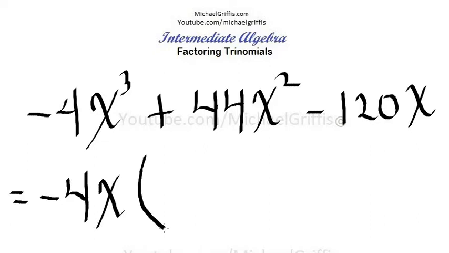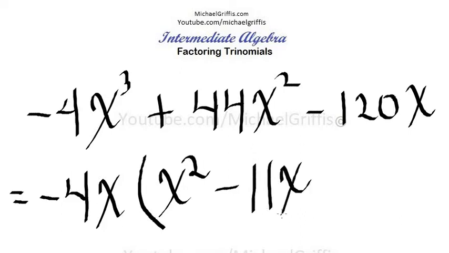So that's going to leave that negative 4x cubed with just x squared. Okay. Minus, that sign will change in front of 44. And 4 goes into 44 11 times. Now we factored out an x out of x squared, so that just leaves us with an x.